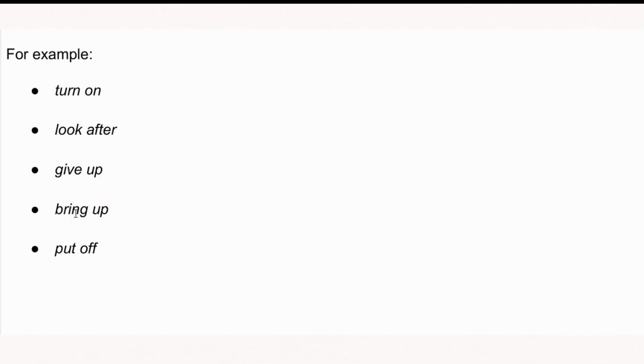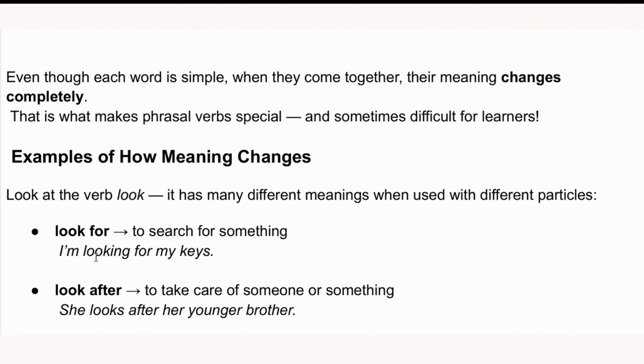We have bring, the verb to bring, we add the particle up, a preposition, then we say bring up. Put, we add off, put off. So these particles are modifying the meaning of the verb. So even though each word is simple, when they come together, their meaning changes completely. That is what makes phrasal verbs special and sometimes difficult for learners.